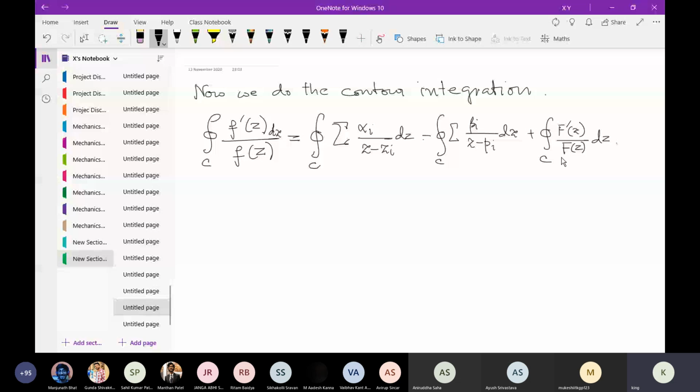This does not have any problems over C. So this part will become equal to 0.